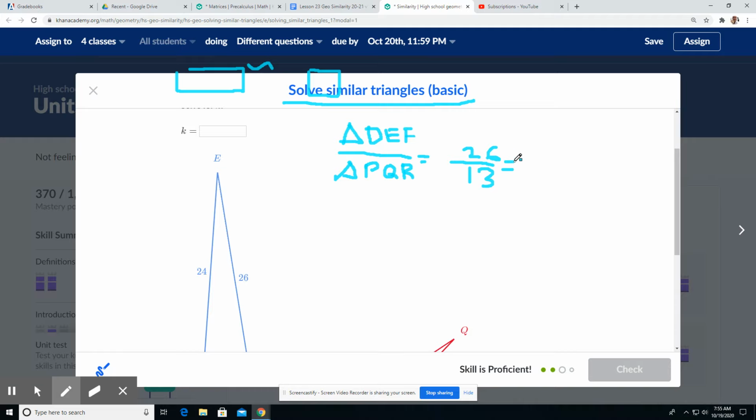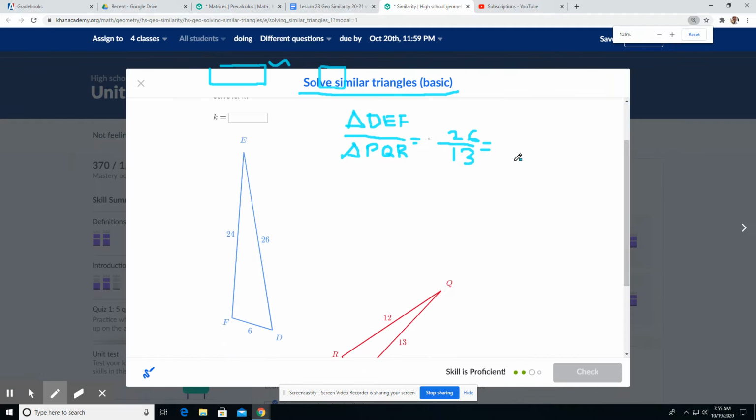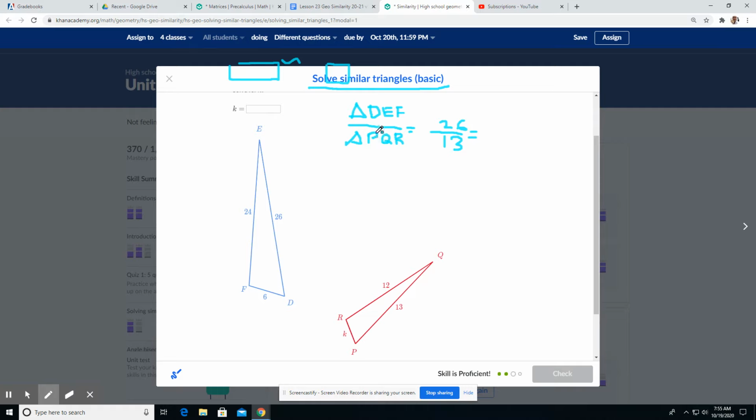This proportion has to equal, I'm going to go ahead and minimize my screen a little bit, see if I can fit it. Yes, let's go ahead and for the next one, EF matches QR. EF is going to be on top. EF is 24 over QR. QR is 12.